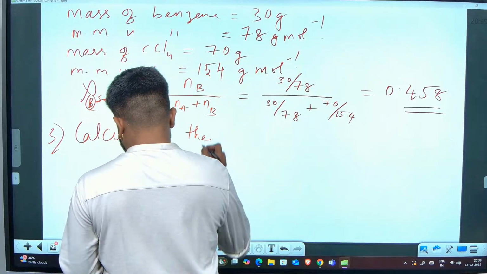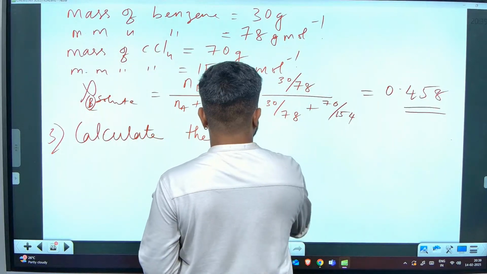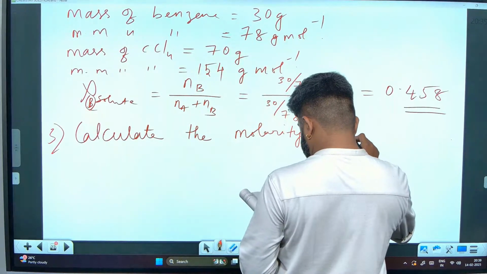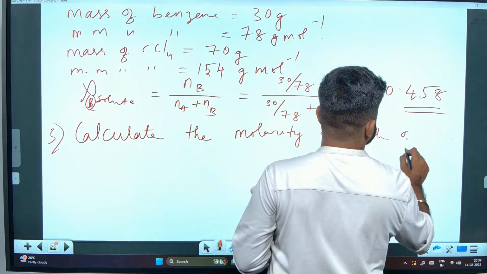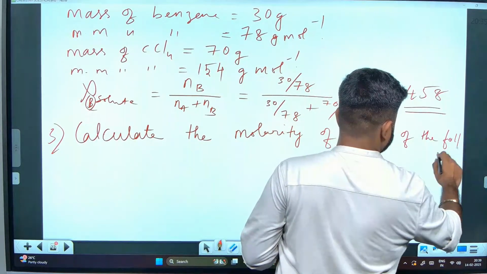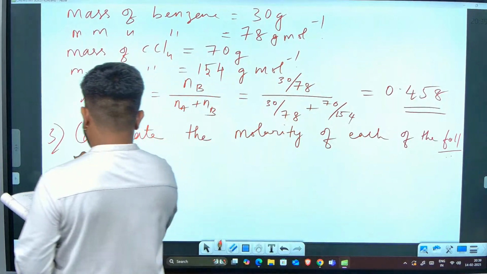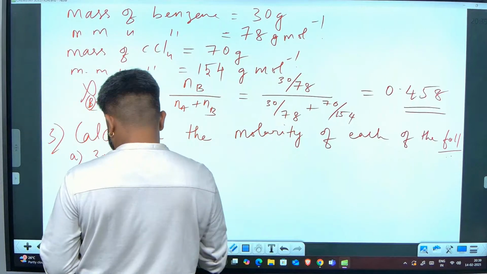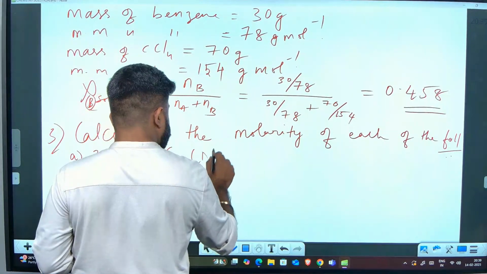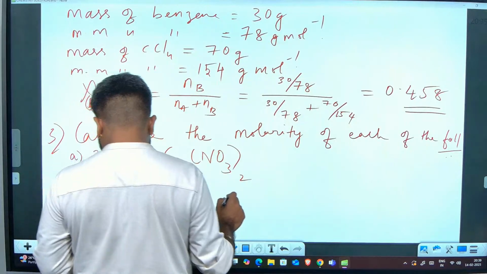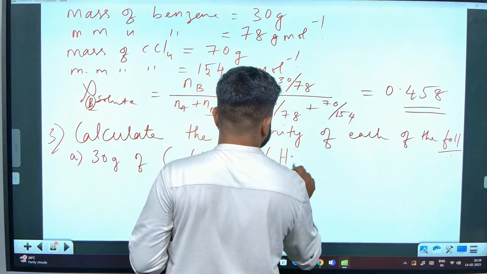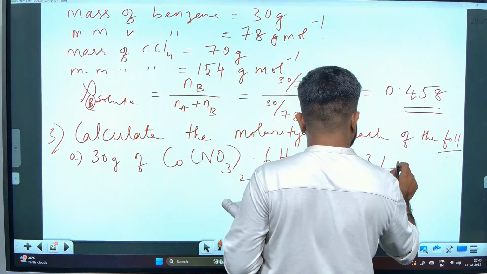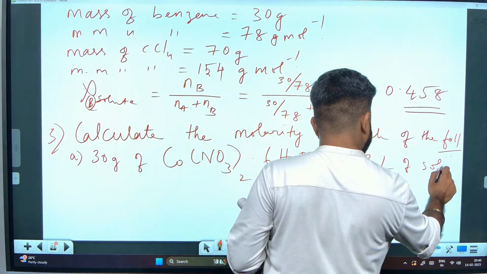Calculate the molarity of each of the following. A, 30 grams of cobalt nitrate dot 6 H2O in 4.3 liters of solution.